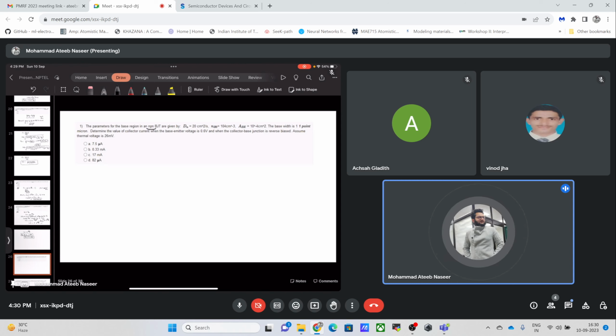Basically, you can consider a BJT as two PN junctions in series, or connected together. One is an NP junction and another is a PN junction, just for the sake of illustration.